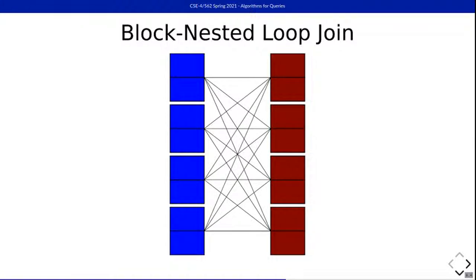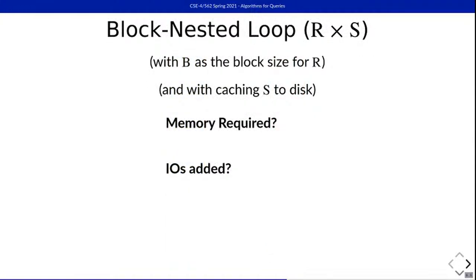We're still repeatedly scanning all of the tuples in the red blocks, but this saves us a bit of work, because instead of scanning the entirety of the red table for every single tuple in the blue table, now we're scanning it for every block in the blue table.